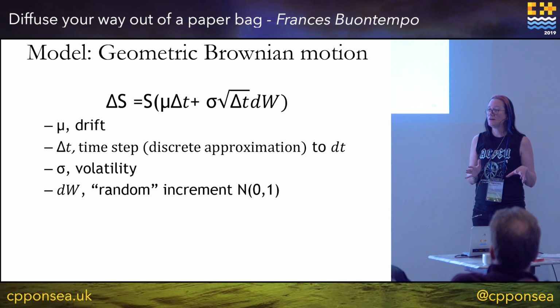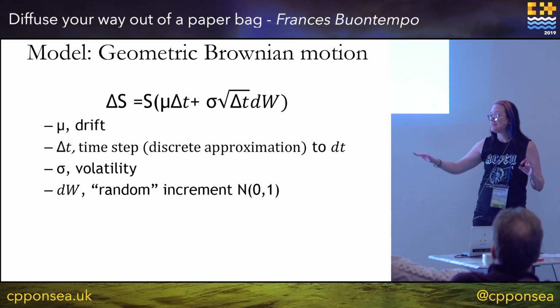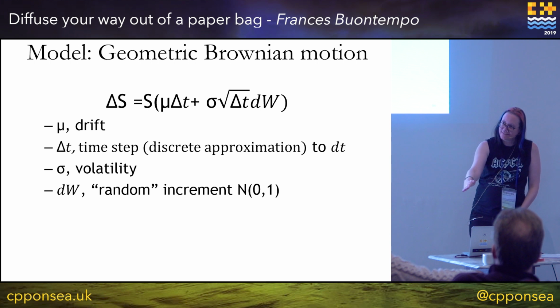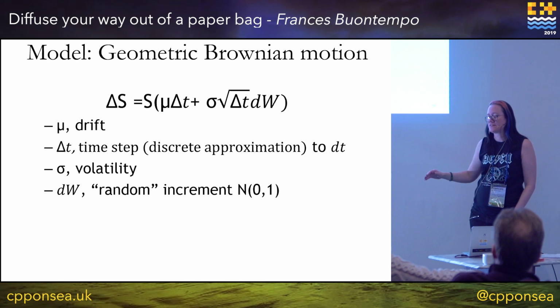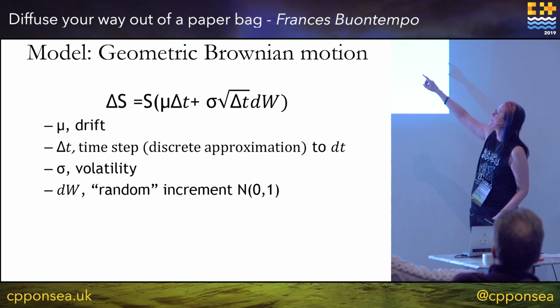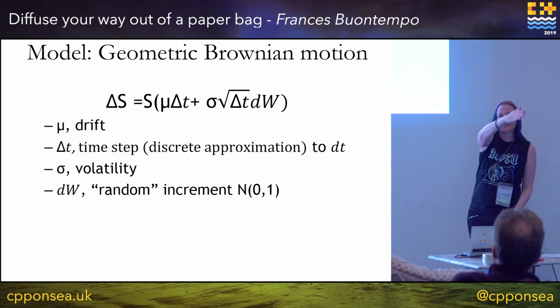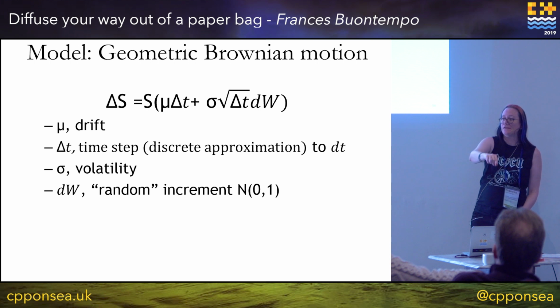If you invested money in a risk-free investment with compound interest, like 0.25% or something, you'd get an exponential curve going up. So what the stock price is doing, the drift, this mu times the time step, is like the compound interest, curving up, but the dW is just going to make it wiggle around a bit over time.